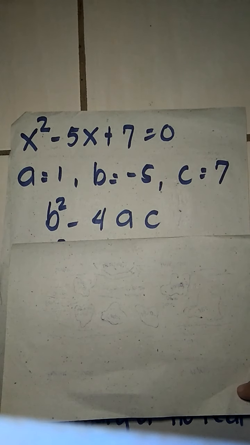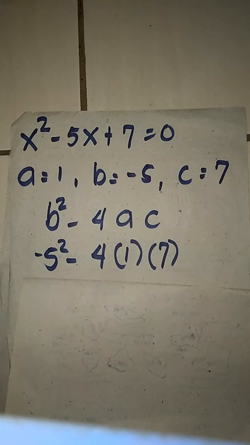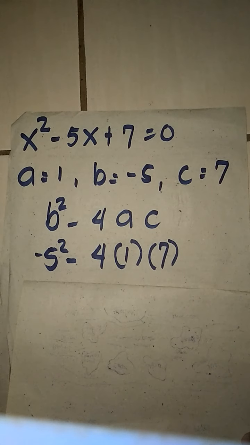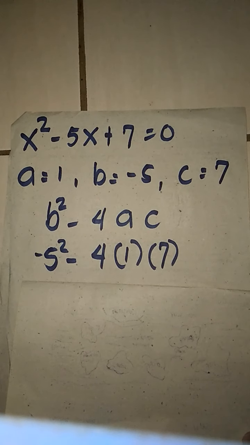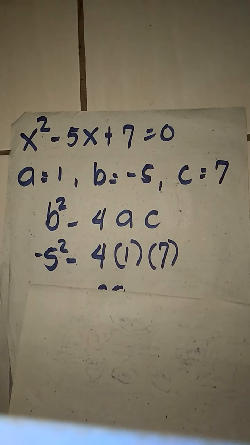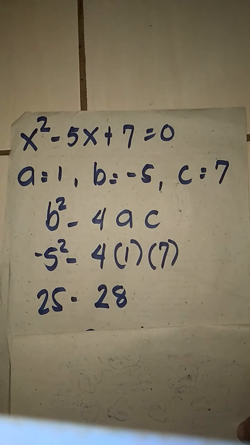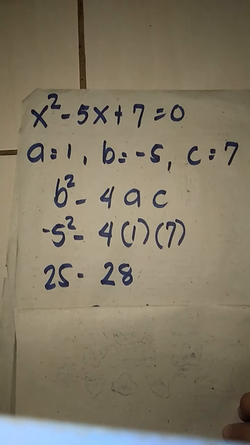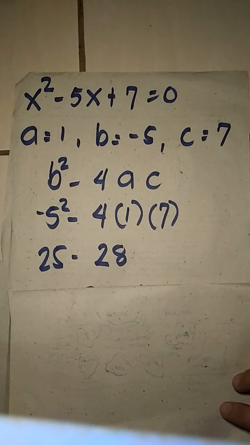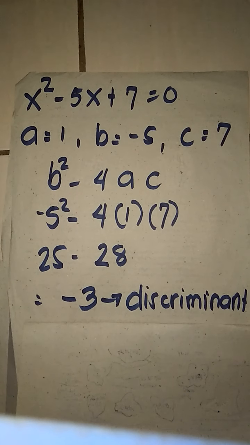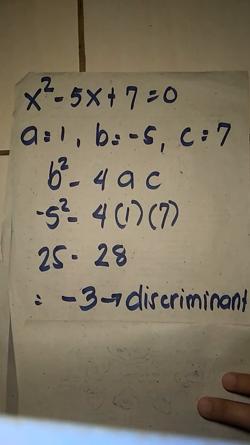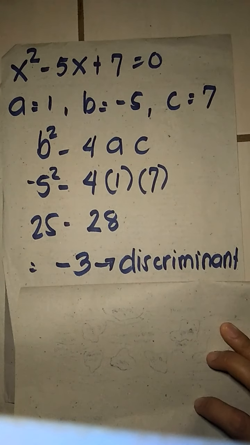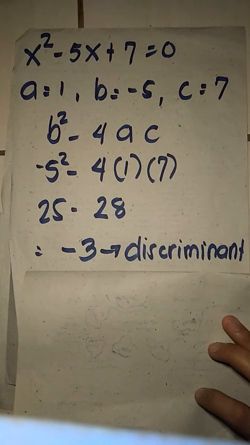Substitute b, negative 5, so that is negative 5 squared, minus 4, a is 1, and c is 7. So, negative 5 squared is 25, minus 4 times 1 is 4, times 7 is 28. So, 25 minus 28 is negative 3. So, our discriminant is negative 3.